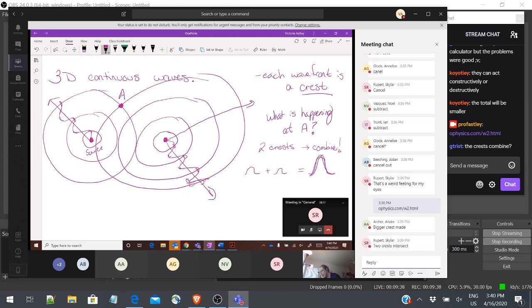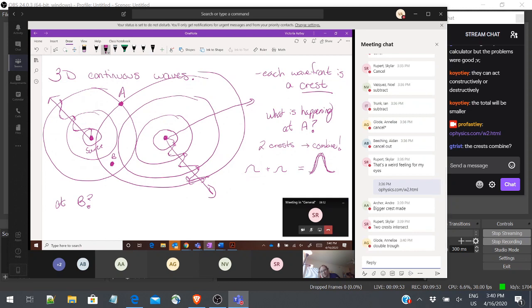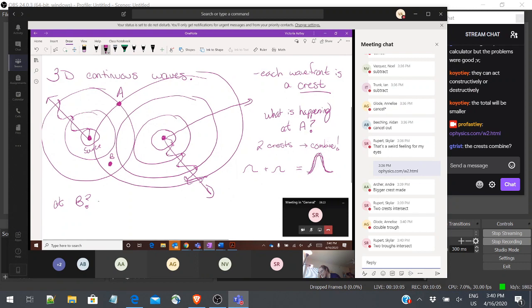Right. What is happening at, let's say, B? Double trough. Trough plus trough equals double trough. Okay. What is happening at C?